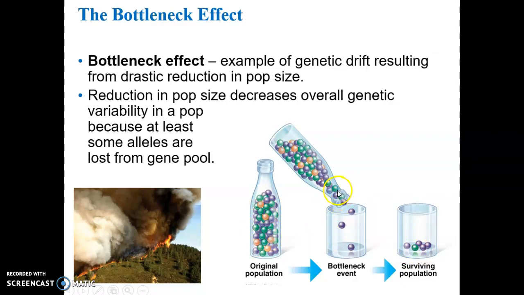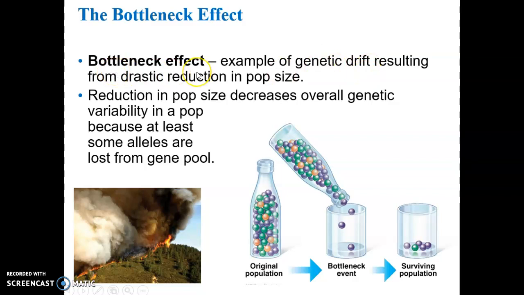So it's referred to as bottleneck because only a few survive. If the surviving population rebounds and their population gets to be as big as it was before, it will still have a lower genetic variation than the original population and has lost some of the alleles. So that's an example of genetic drift.